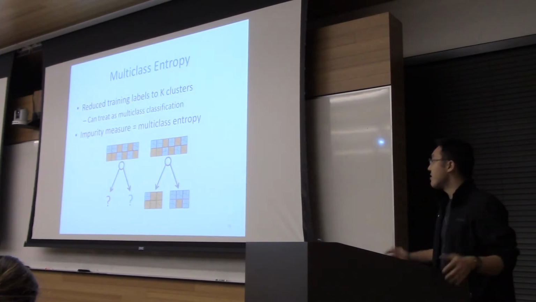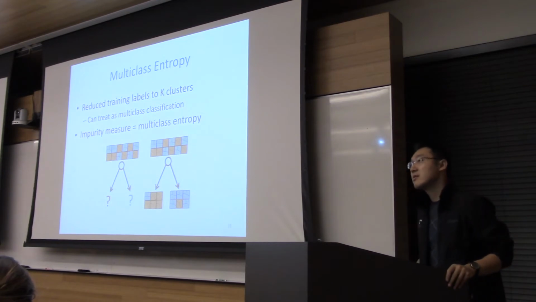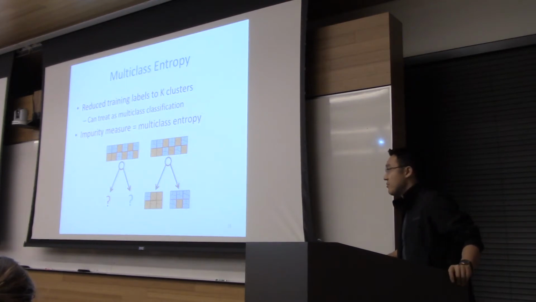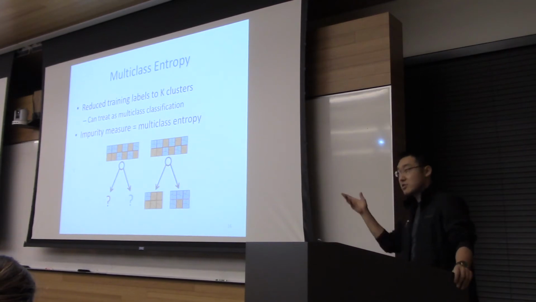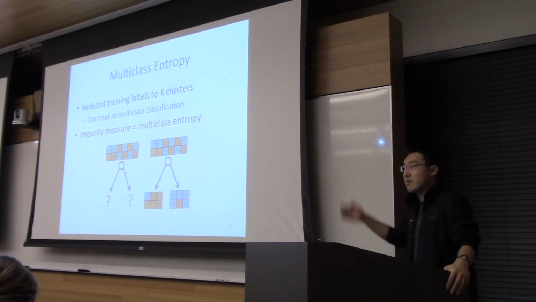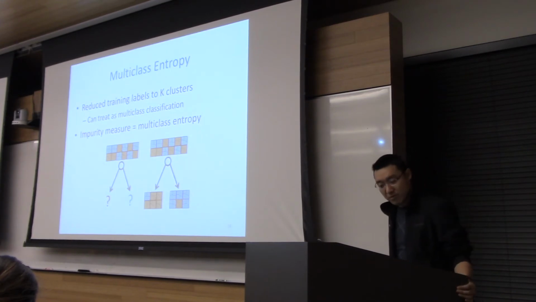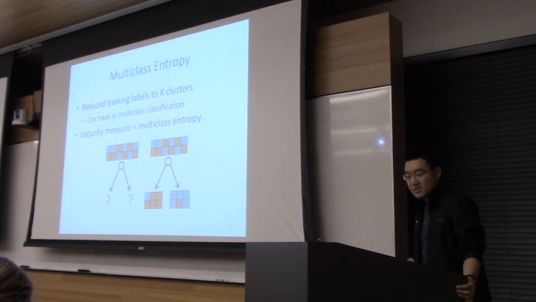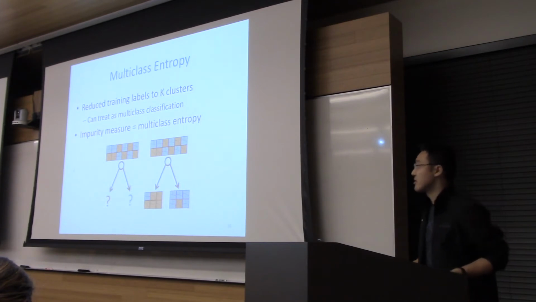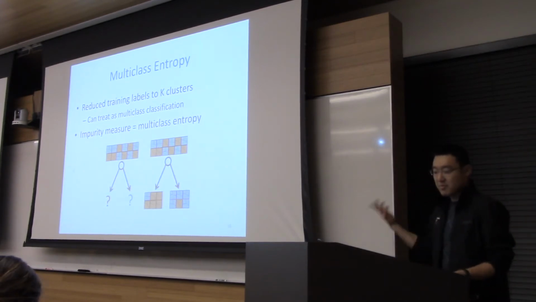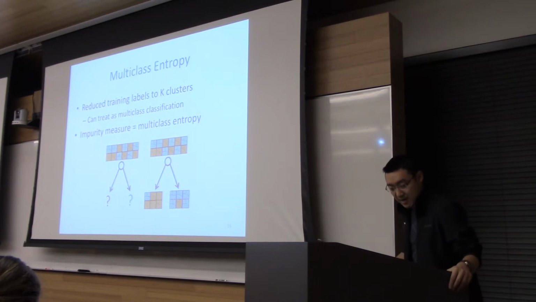There's a very standard multi-class generalization of entropy, which you could do over any multinomial distribution. In this case, it's k classes rather than 2, and the entropy definition extends in a very straightforward way. And so in some sense, we're just treating this like multi-class classification, and the impurity measure is a multi-class entropy.